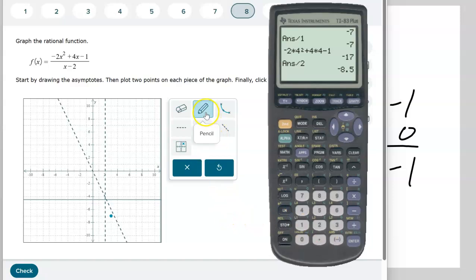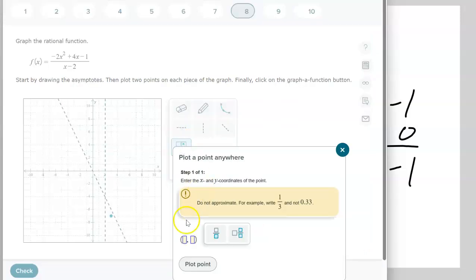So if I plot that one, here we're going to have 4, and then this was a negative 17 halves. So negative 17 halves, and plot that one. So that part is finished.